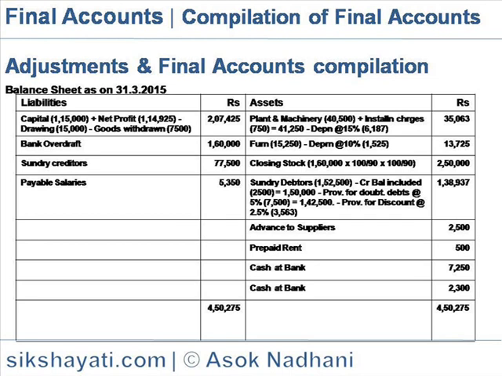On the asset side is plant and machinery, 40,500 plus installation charges capitalized, 750, so that gives 41,250, to which depreciation is provided at the rate of 15%, that is 6,187, so the WDV is 35,063.